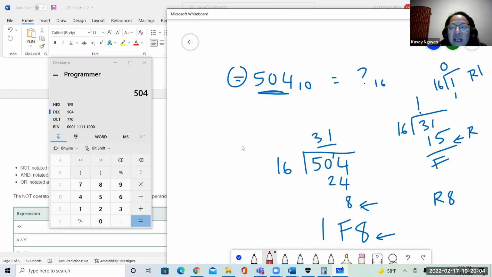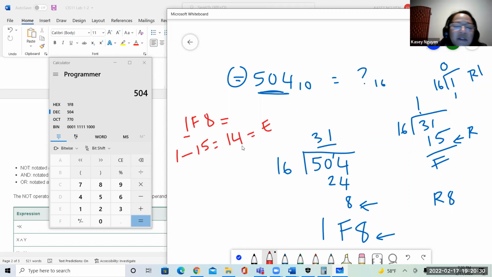Then we would take that value, 1F8, I'm going to write it here, and we need to apply 2's complement. And the way we do 2's complement is that we're going to take each of the digits and subtract it from 15. So 1 minus 15, the difference is 14. And in hexadecimal, 14 is equal to E.